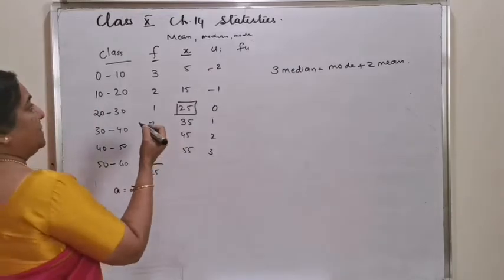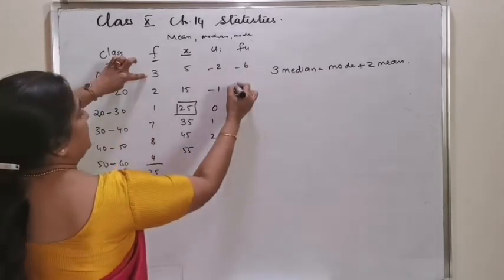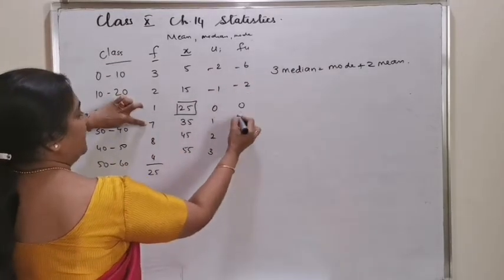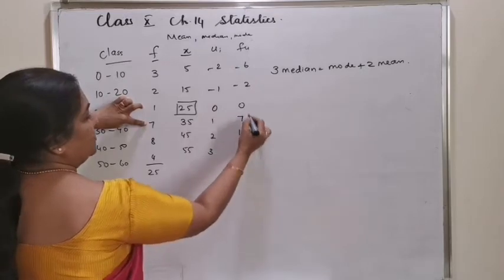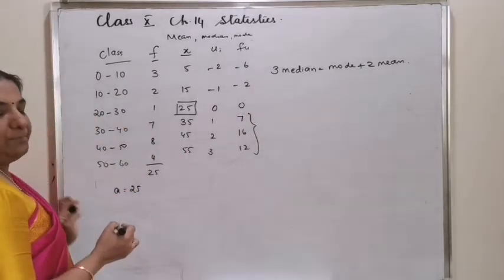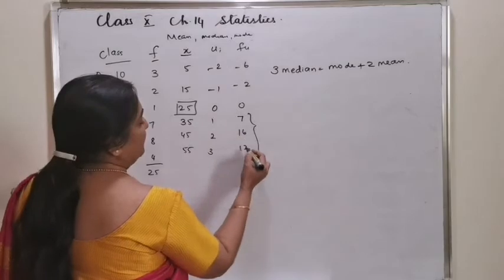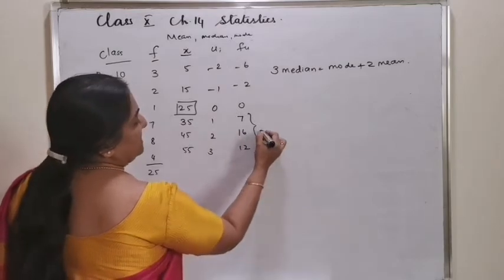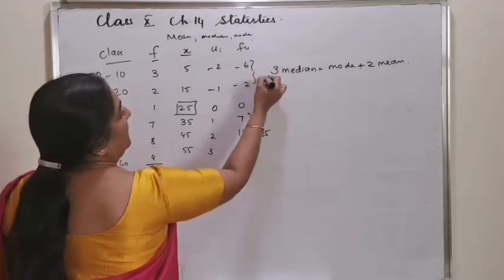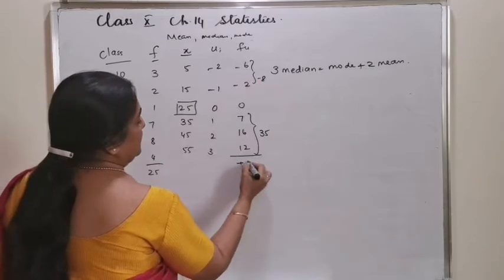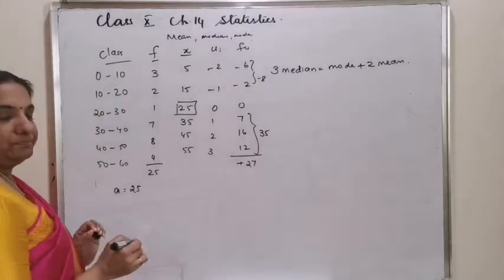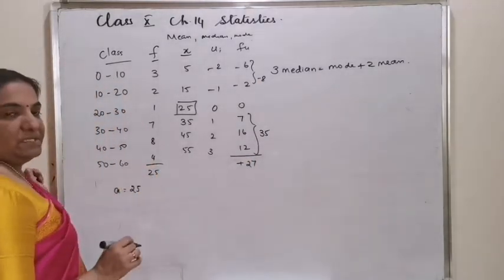The f u value is minus 6, minus 2, 0, 7, 16 and 12. Adding the positive quantities, 23, 25 plus 10, 35, and minus 8, it is positive 27. Total frequency is 25.